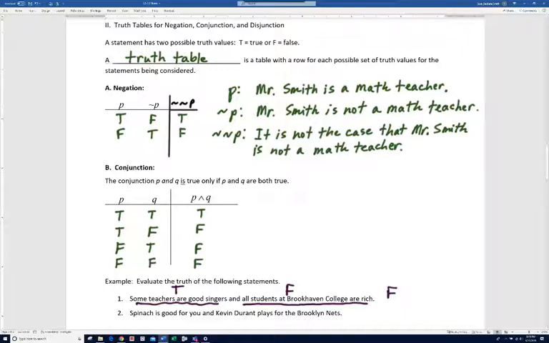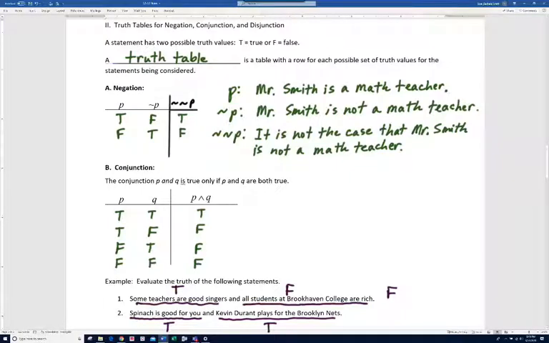Number 2, spinach is good for you. Well, I've been told that for a long time, so we're going to assume that's true. And Kevin Durant plays for the Brooklyn Nets. Now, last time I heard, that's where he's at, so I'm going to assume that's also true. I think I did hear a rumor about him moving again.